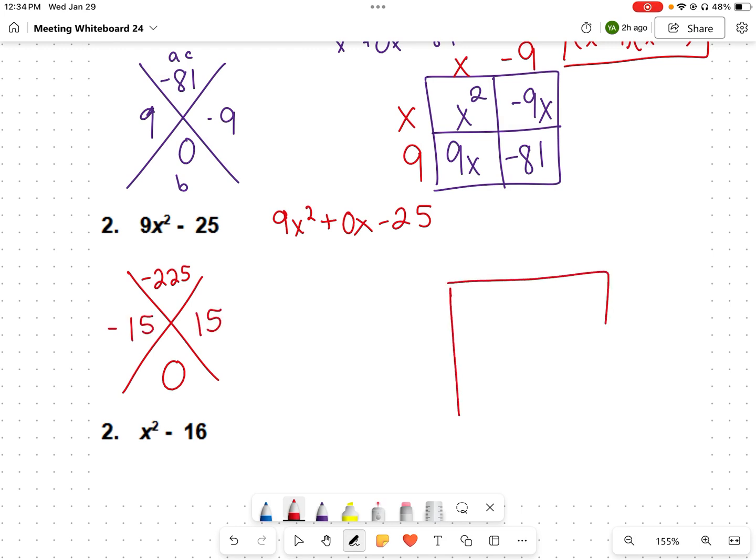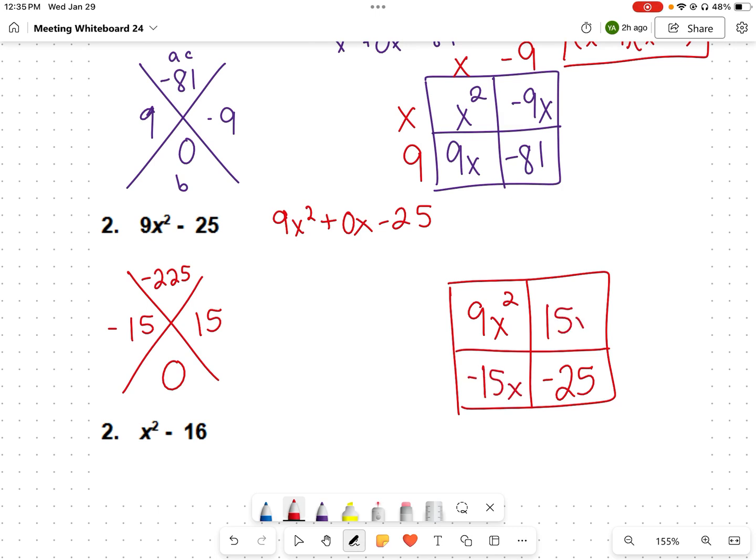Now do your box. First term goes in the first box. Last term goes in the last box. And then our magic numbers go in there. So then look at row 1.